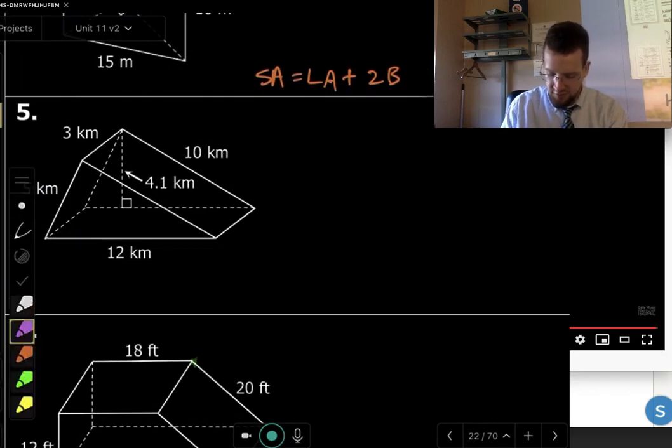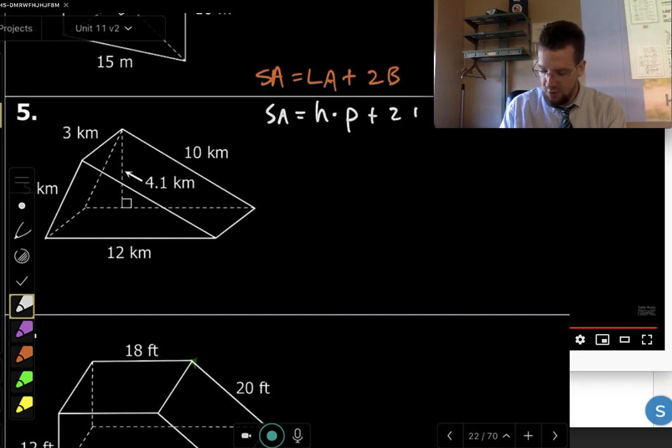And so our surface area is equal to the height of the figure times the perimeter of the base plus 2 of the bases.